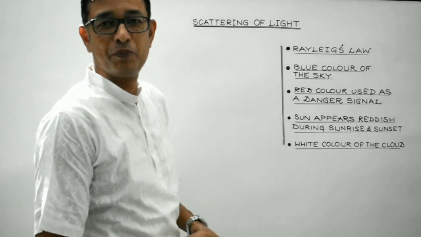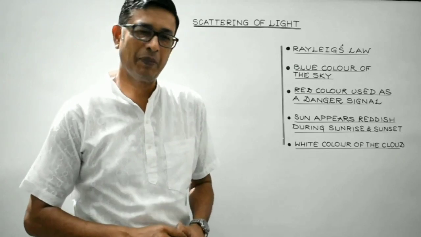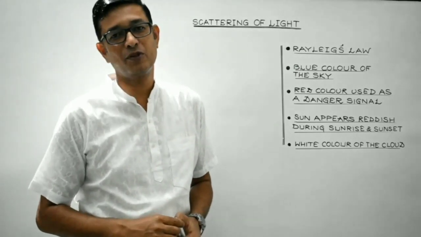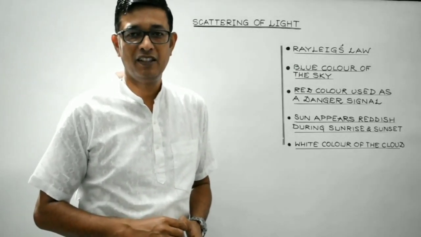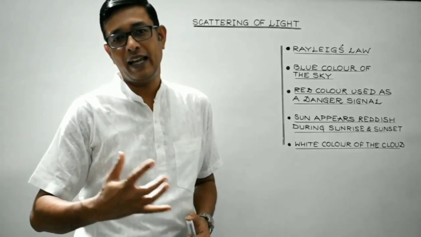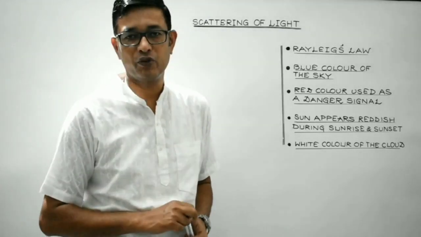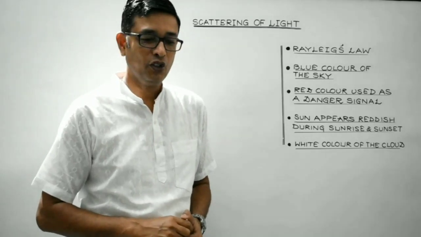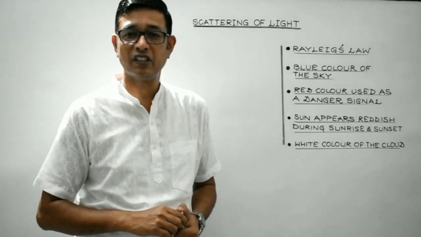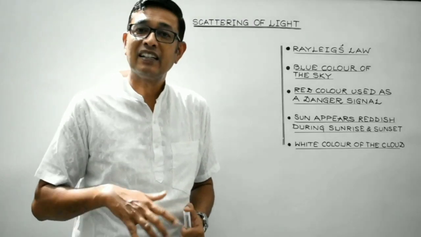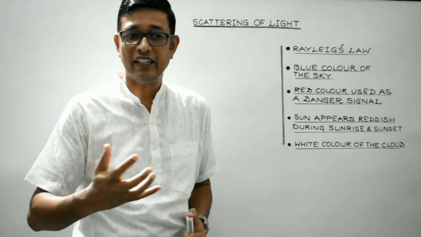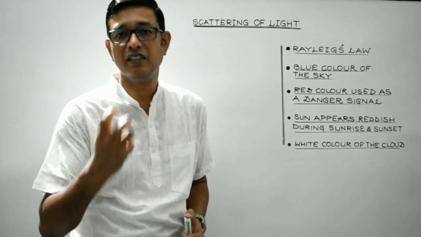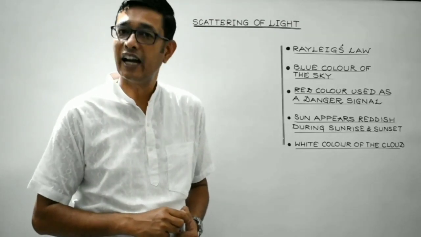Okay students, I hope you have enjoyed watching this clipping and you have understood the concept of scattering of light. But again, I would like to recapitulate all the topics which we have just now watched in the short clipping. Scattering of light: light gets scattered only when it interacts with the constituent particles of the atmosphere.